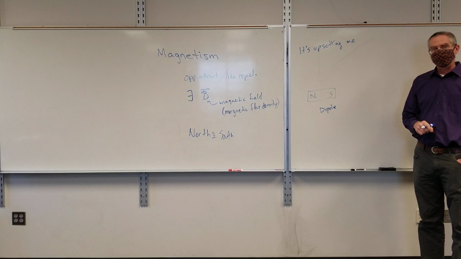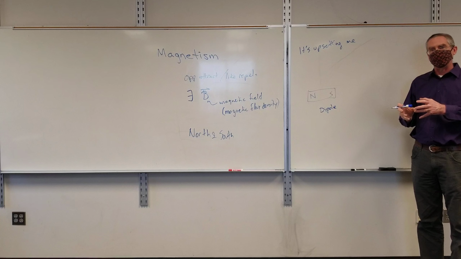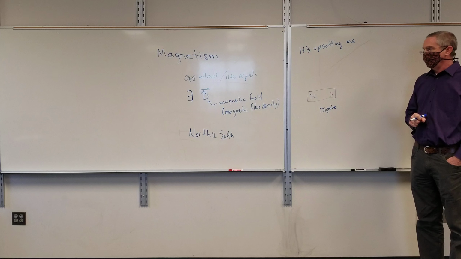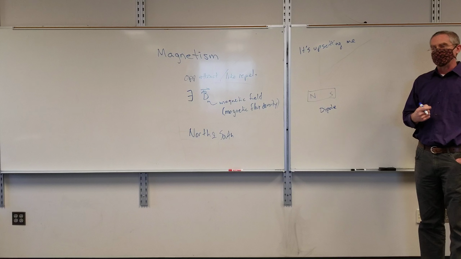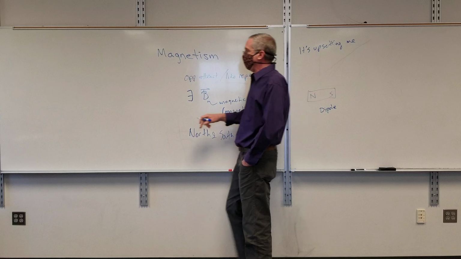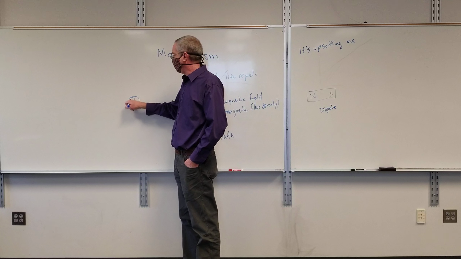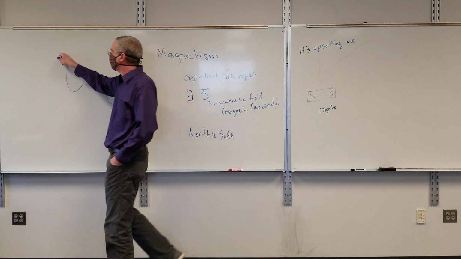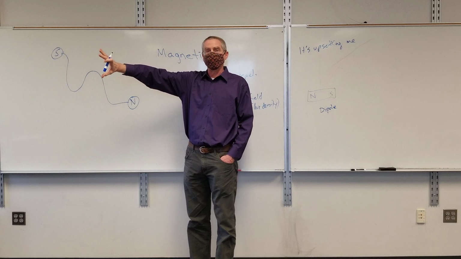Now, the question is, even though we haven't found it yet, does a north pole exist by itself, or a south pole exist by itself without the other one? There is a theoretical basis for it potentially existing, and my understanding is that for every north there's still a south pole, but you'll have a north pole here and then some tenuous connection to a south pole that is very much removed, that we would not see.